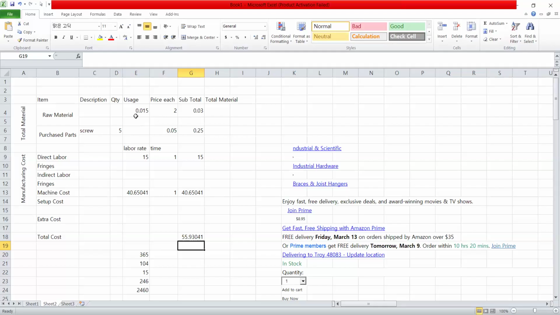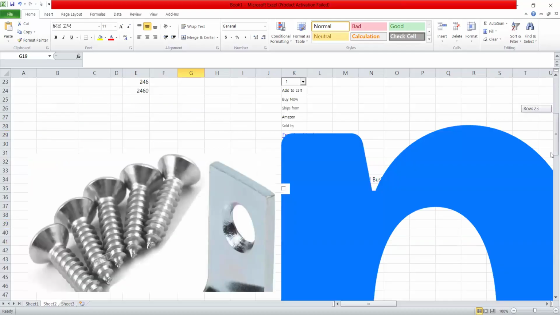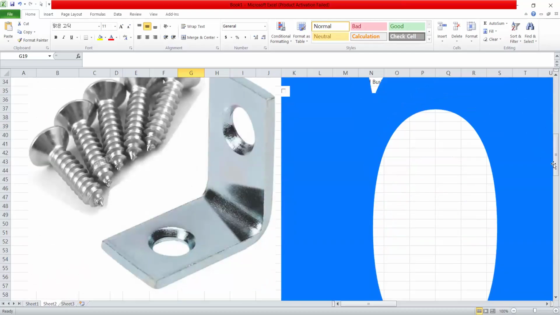So all of this calculation, a lot of things you don't need to worry about, because in this case, like this bracket, there are 8 or 10 types of material. When we receive the bill of material from engineers, they define the grade of the material, and the cost per kg is available.